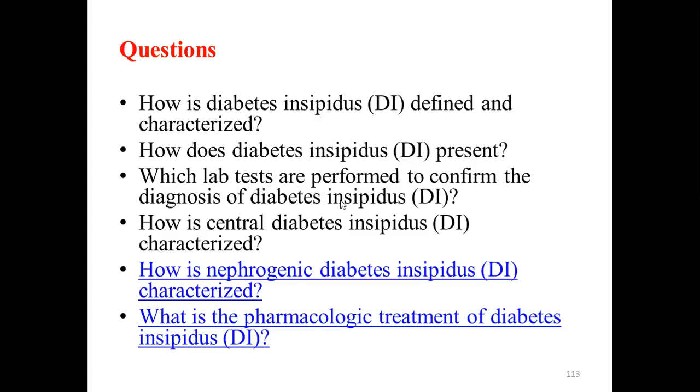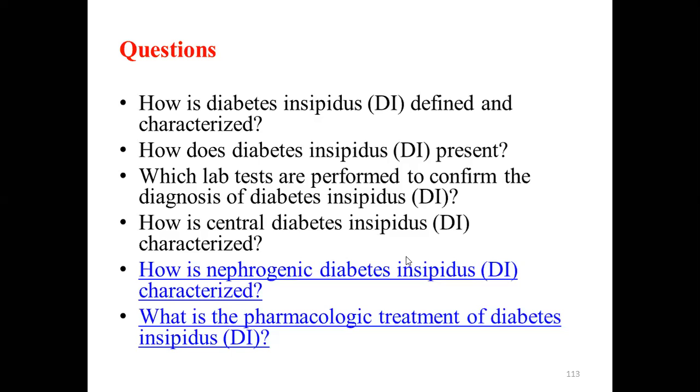Then how is nephrogenic DI characterized? Any other person? The next person will be Makina, the class rep, I think. Nephrogenic diabetes has chronic renal insufficiency, glycosuria, hypokalemia, hypercalcemia, and lithium toxicity. Those are the causes. Okay, fine.